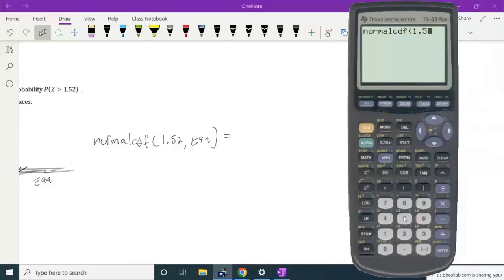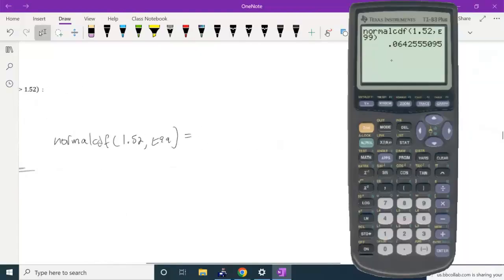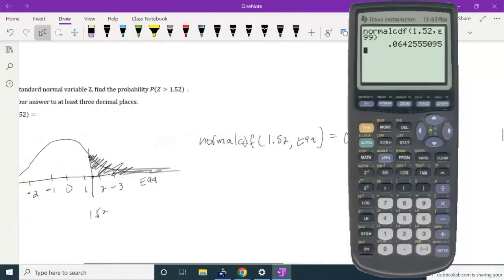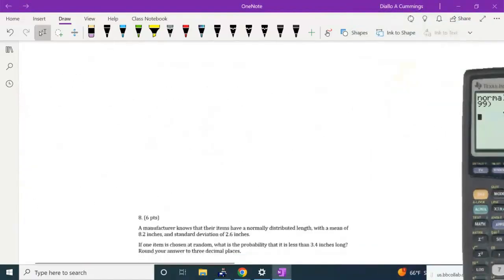So we get 1.52, comma, e to the 99, round it to 3 decimal places, 0.064. All right, any questions about 7?